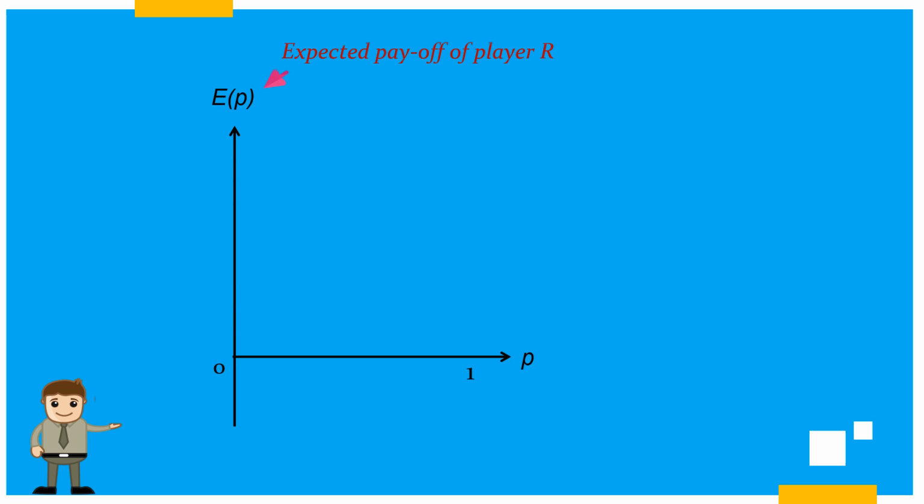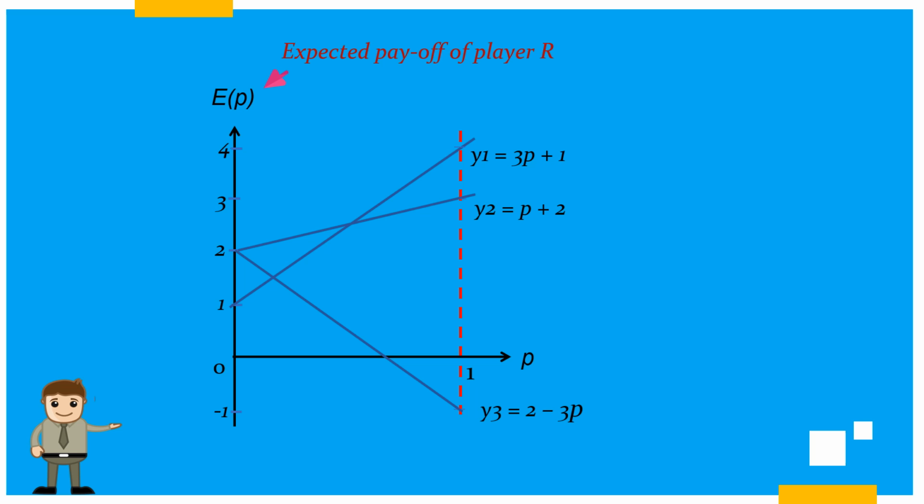Plot the x-axis that represents the value of p and the y-axis that represents the expected payoff for player R. Then draw the first line that represents the first expected payoff, which is 3p plus 1, the second line that represents the second expected payoff, p plus 2, and the third line, the third expected payoff, 2 minus 3p.